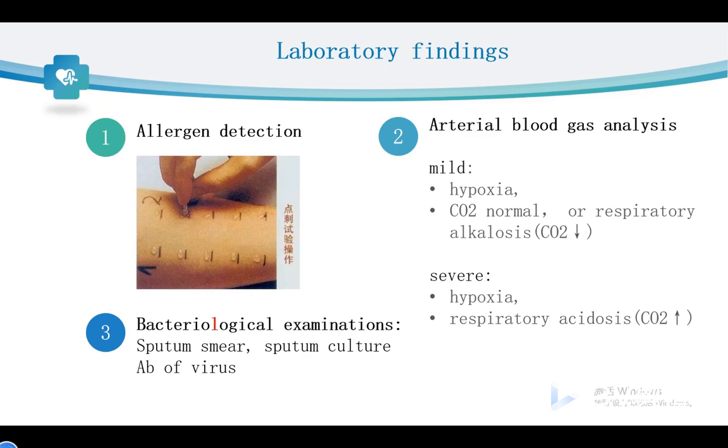So, if the patients are in the acute onset phase of asthma, we need to analyze the infection of microorganisms. And next, we can dose them with appropriate anti-microorganism drugs. That's the laboratory examinations for the asthma patients.